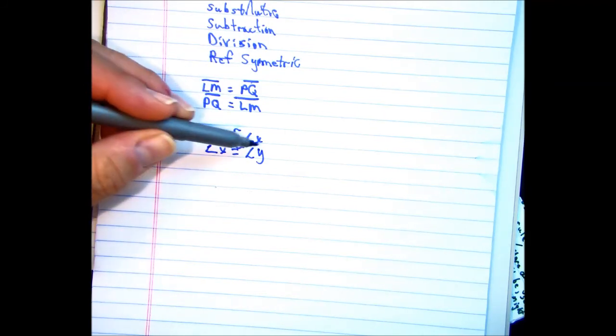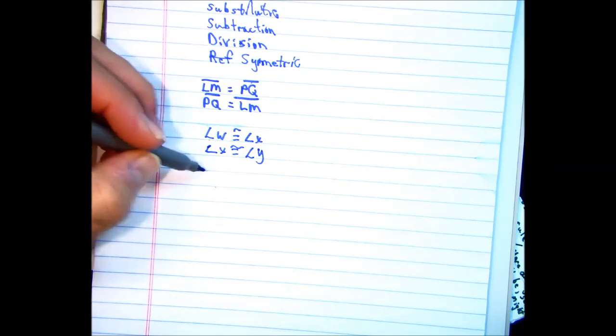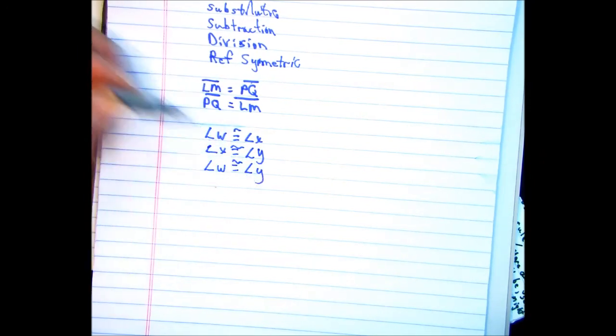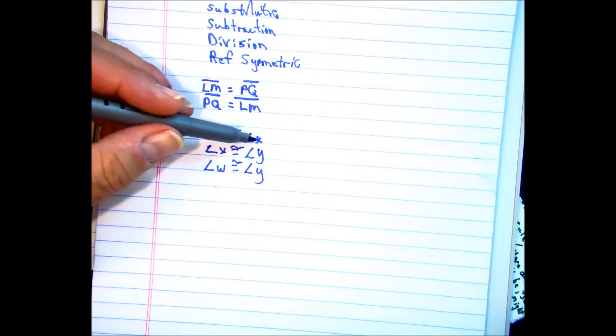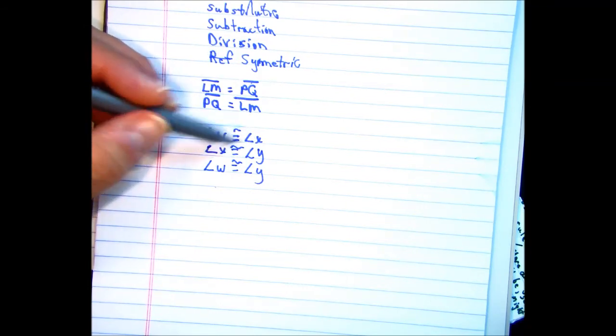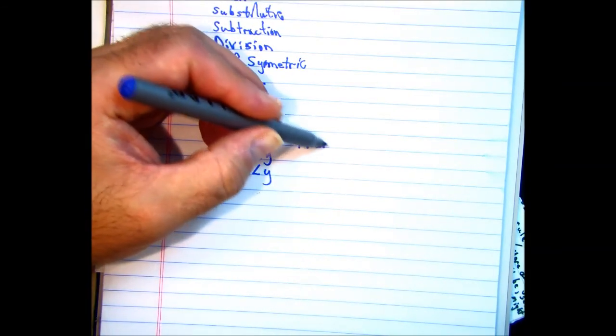So we have W is to X, and then X is to Y, and then they're going to compare W and Y. So a first thing is equal to a second thing, and then they repeated that second thing. When you have this repetition in this statement, it's the transitive property.